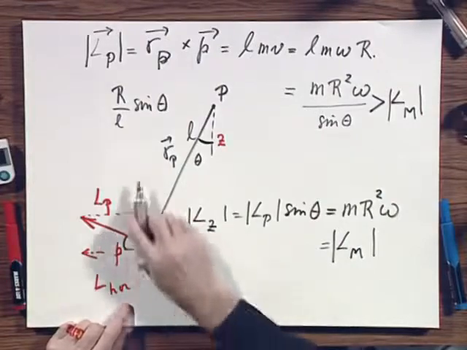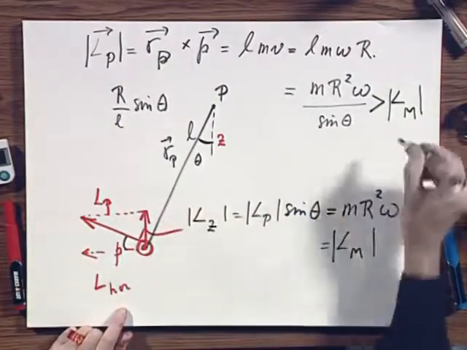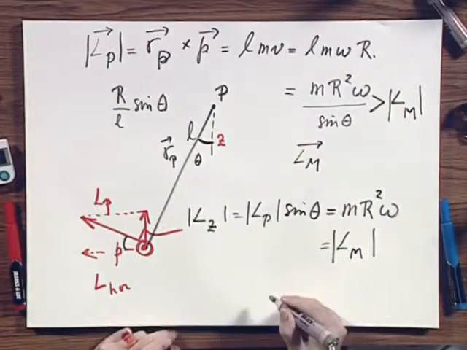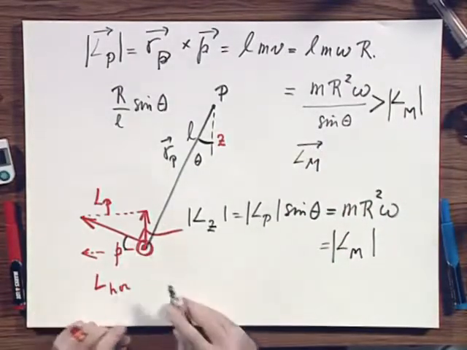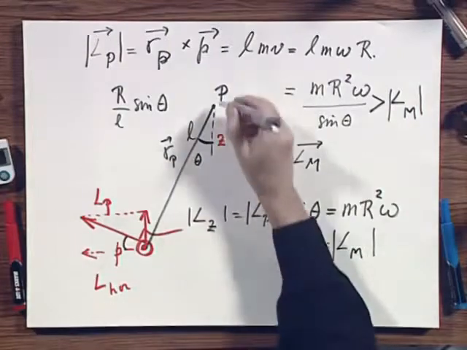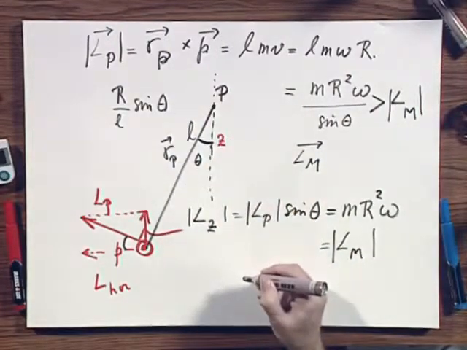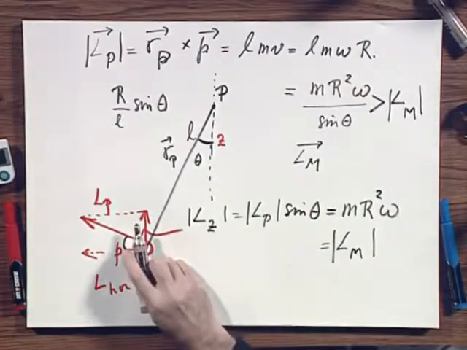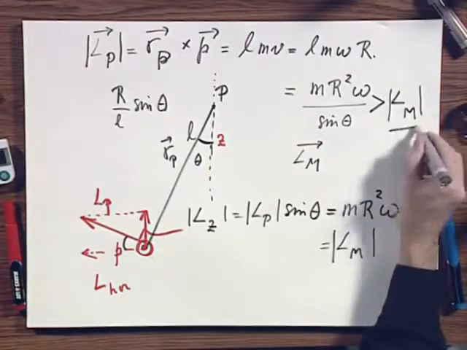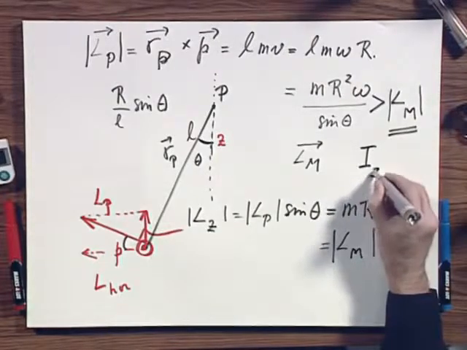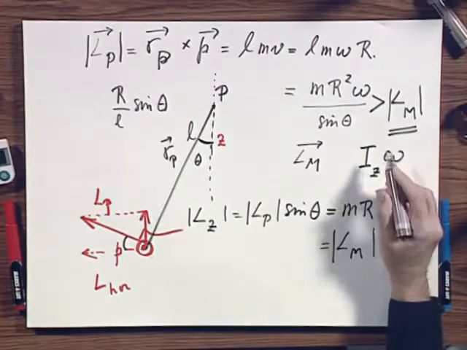So not only is the z component pointing up, but Lm itself was pointing up. So you can state here that no matter where you choose your point on this axis, you should be able to demonstrate that the z component of the angular momentum is always the same as Lm, is always the same as I relative to the axis z times omega.